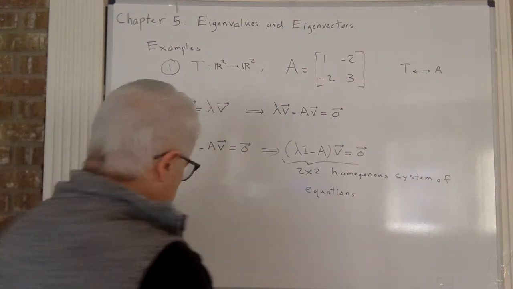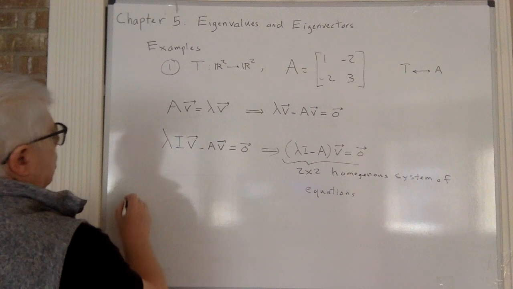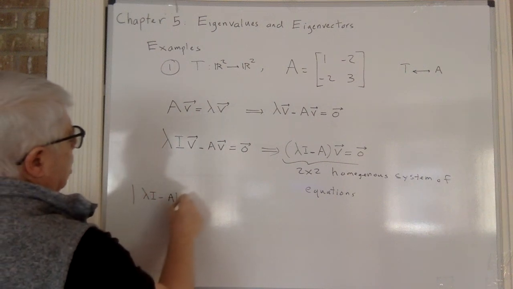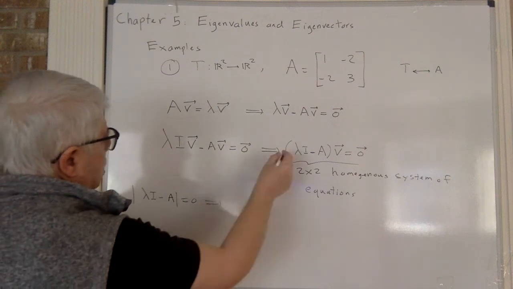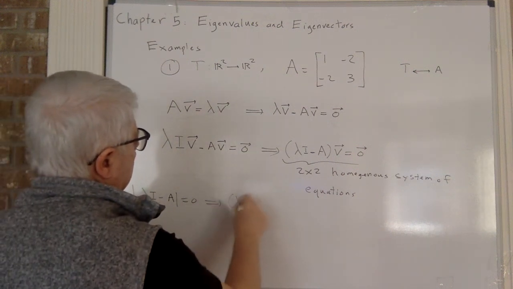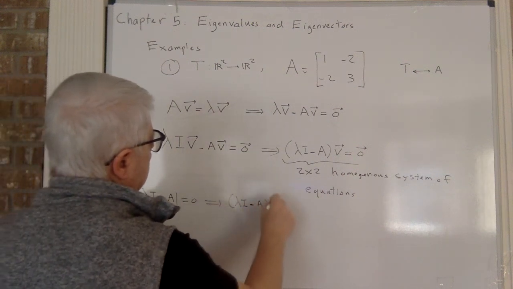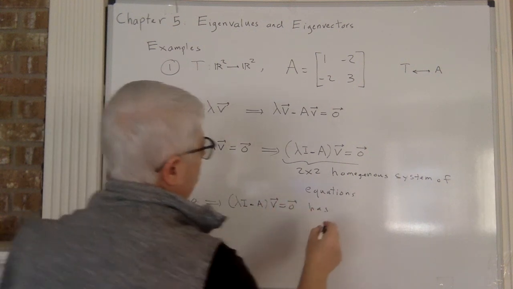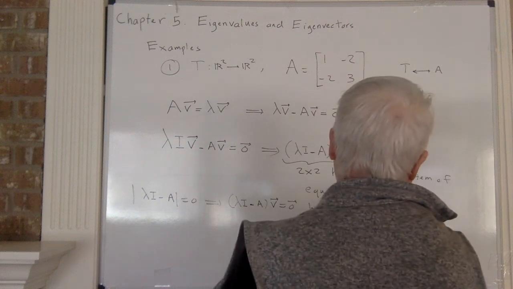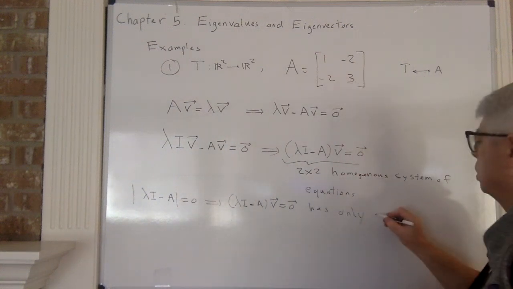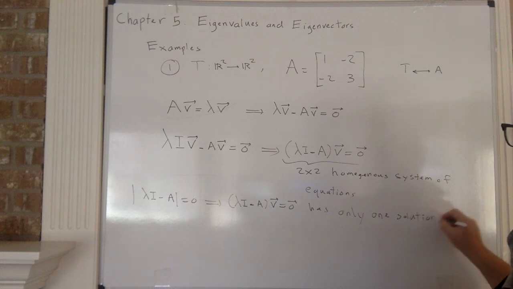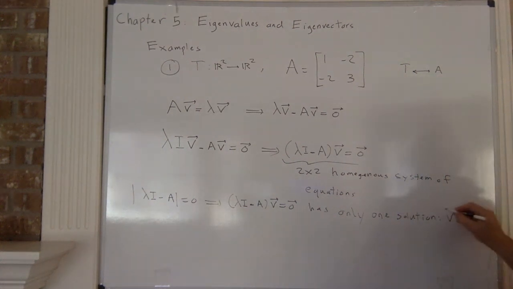So if the determinant of lambda I minus A is 0, then the system lambda I minus A V equals 0 has only one solution, which is V equals 0, 0.